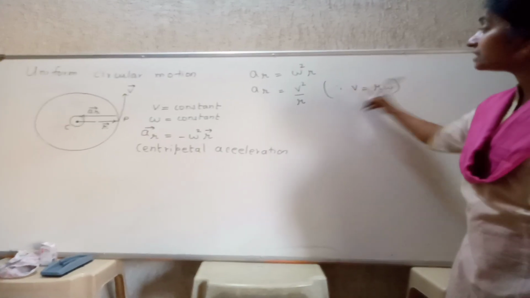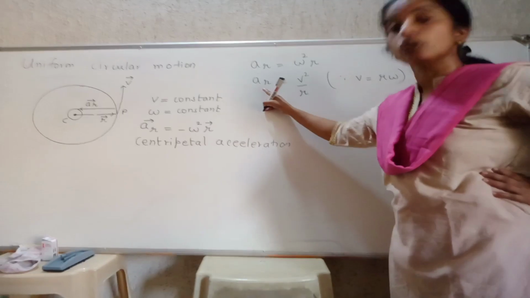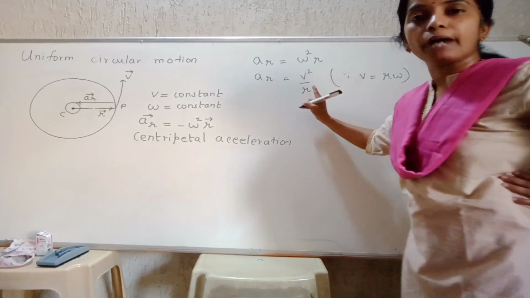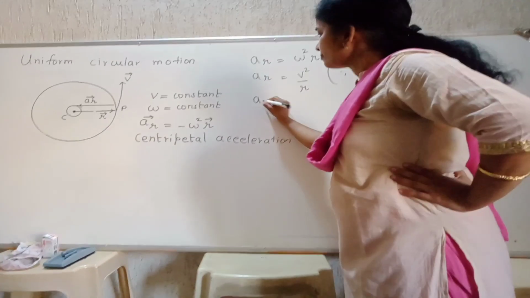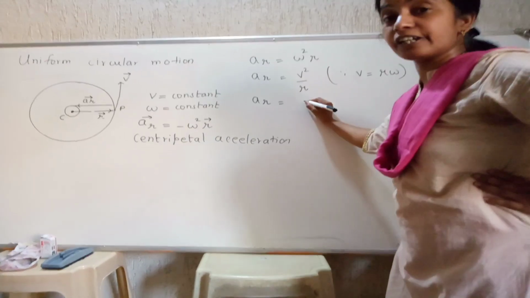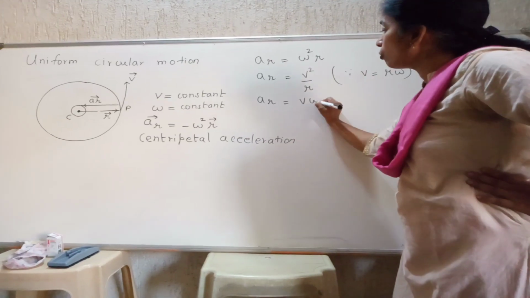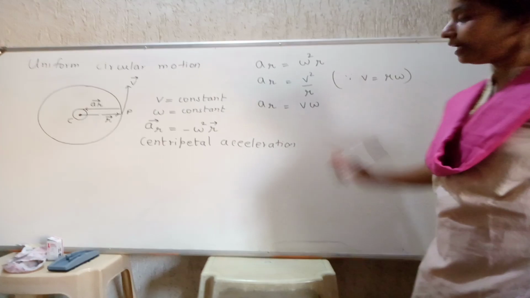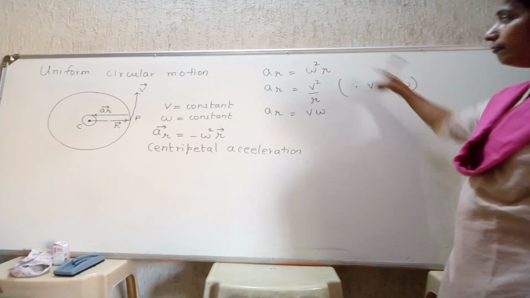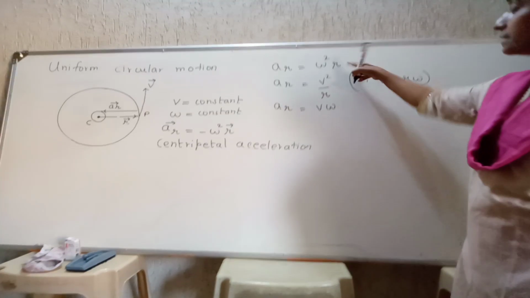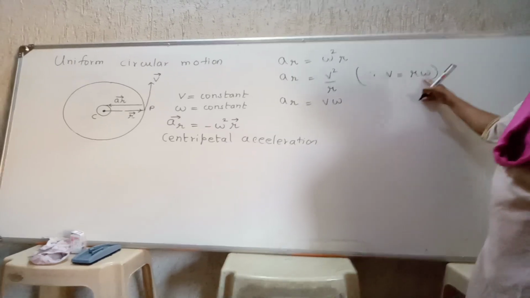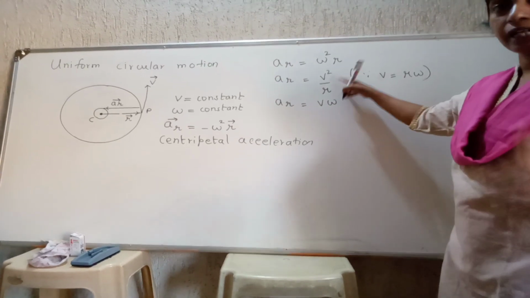And since omega is v upon r, radial acceleration is also equal to v square by r. Or in magnitude, radial acceleration is also equal to v omega. Substitute v as r omega, substitute omega as v by r, v square by r.